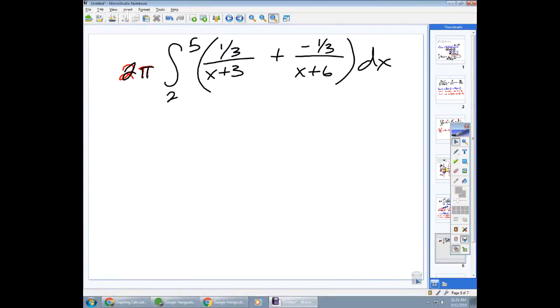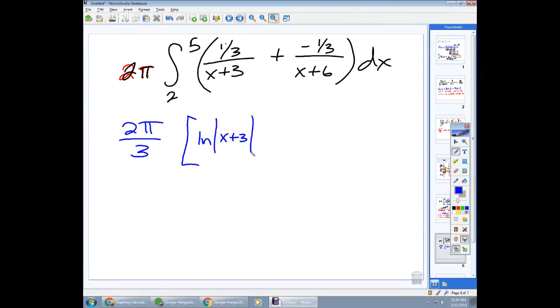All right. The 1/3 is actually constant in both of them, so I could just pull it out. So out front, I have a 2 pi over 3, because 1/3 is the same as dividing by 3. And then my antiderivative, that's now just a 1 in the top, so I just need the natural log, absolute value of x plus 3.